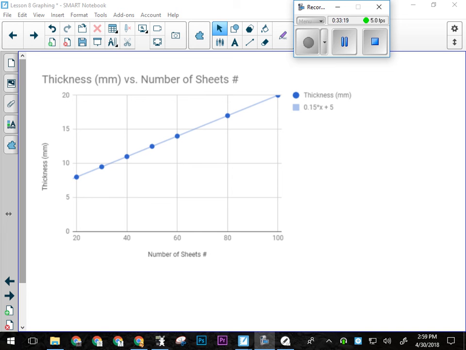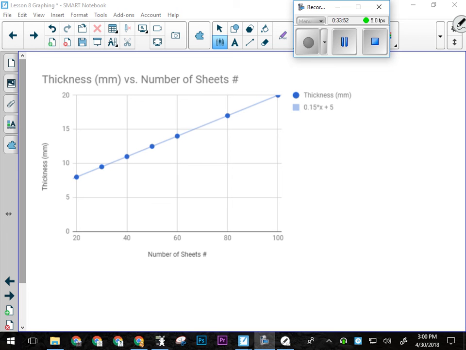So how thick is one sheet? Okay, so let's just have a quick look at this equation again, when we're trying to answer this question of how thick is one sheet. 0.15 millimeters.